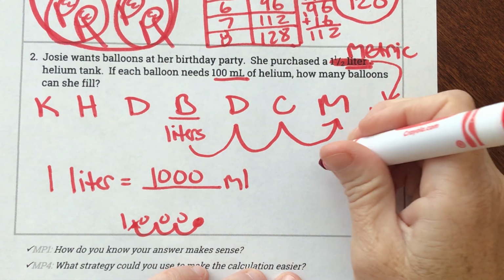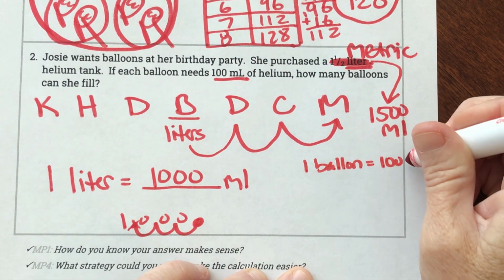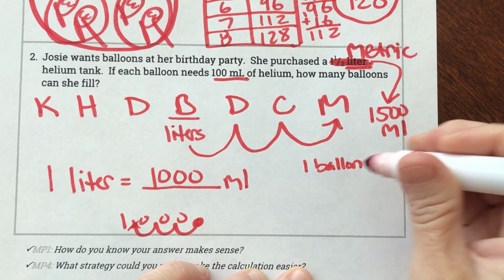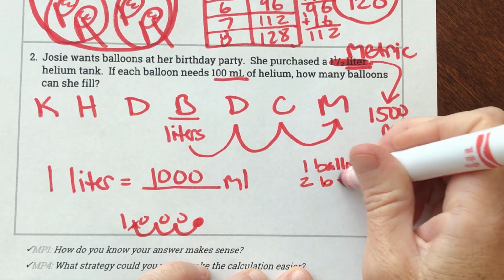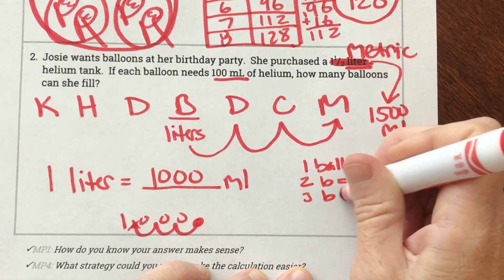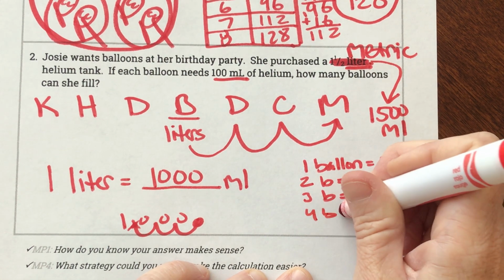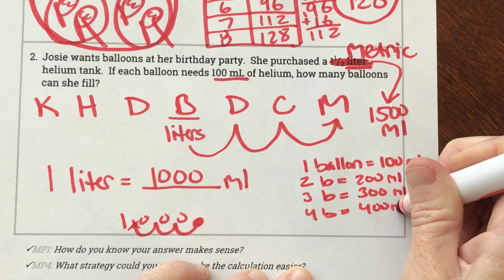Okay, so if one balloon equals 100 milliliters, then 2 balloons equals 200 milliliters, 3 balloons equals 300 milliliters, 4 balloons equals 400 milliliters.